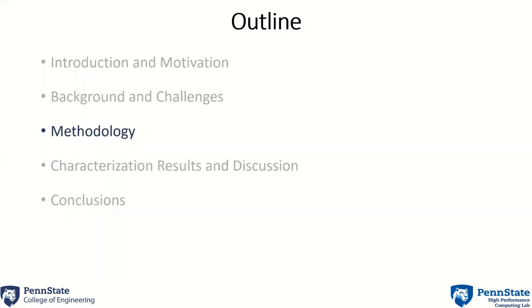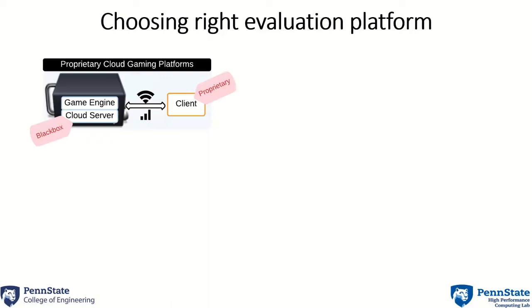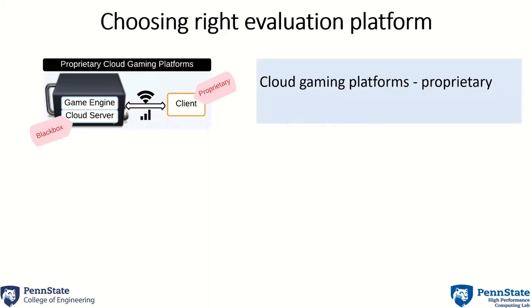Next, let's move on to our evaluation methodology. The first and foremost step was to choose the right platform for performing the characterization. As the popular cloud gaming apps are proprietary in nature, both the client and server pipeline stages are viewed as black boxes, which makes them implausible for profiling.